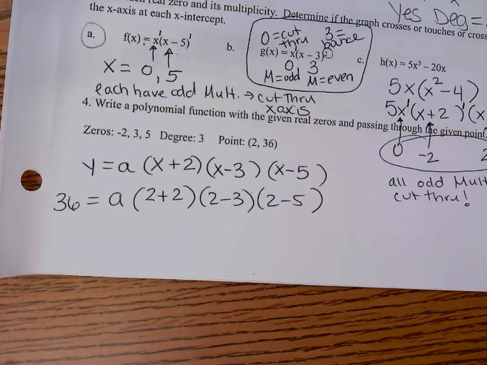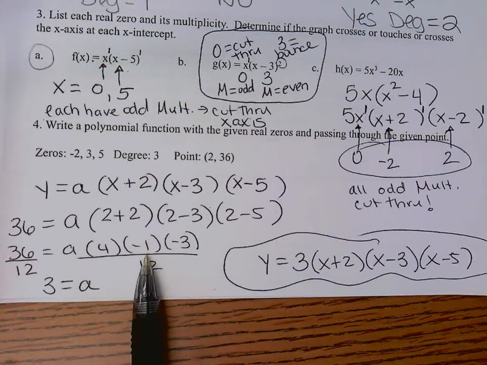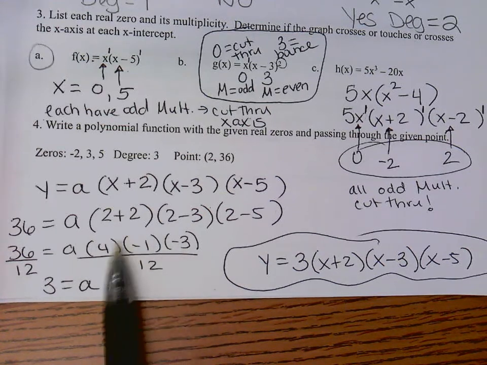Is it a negative number? I got 4 times -1 times -3, which is positive 12.